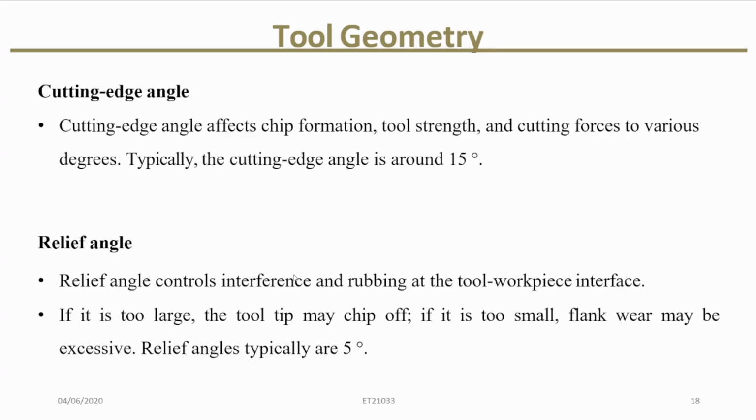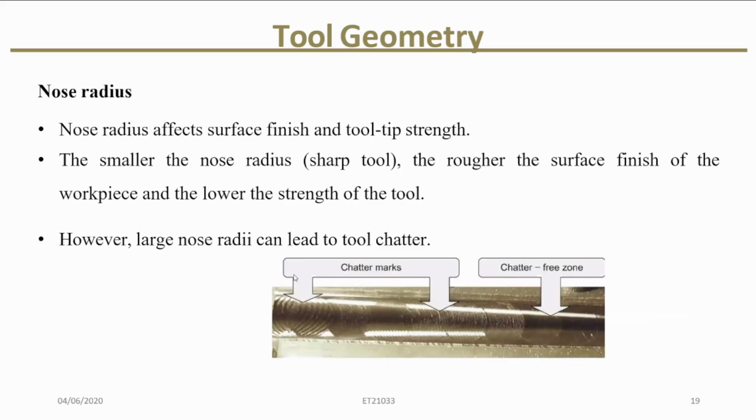Then the nose radius. Nose radius means the cutting edge is not a sharp point like this. The cutting edge has a very small radius like this.